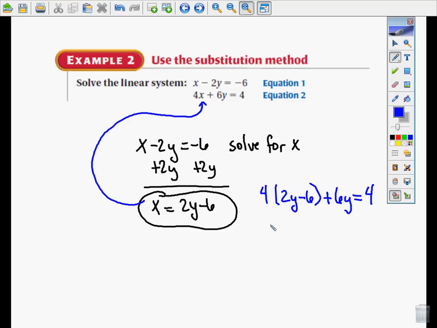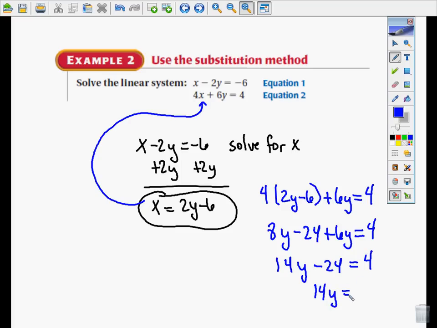So I end up with 8y minus 24 plus 6y equals 4. Combine my like terms, that gives me 14y minus 24 equals 4. I'll then add the 24 to both sides to get 14y equals 28 and divide by 14 so y equals 2. And I circled that one.